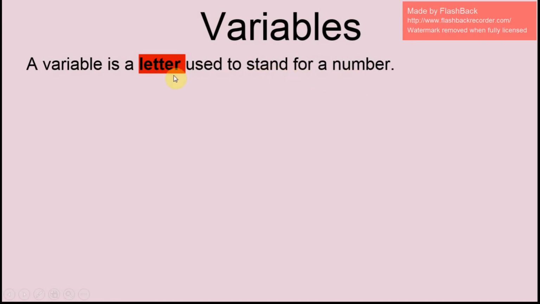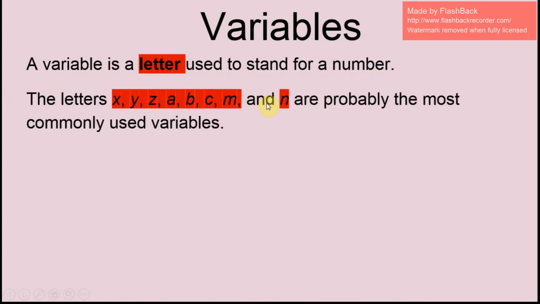We use a letter to represent a number. The letters like X, Y, Z, A, B, C, M, and N are probably the most commonly used variables. That means we usually use these letters.